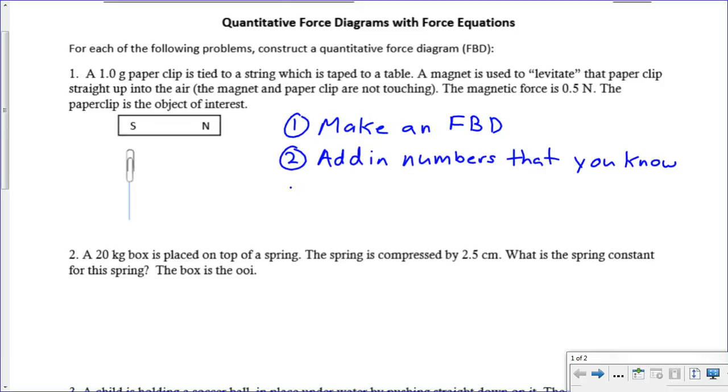And then the last thing you're going to do is use the balanced forces to figure out the things that you don't know. So generally speaking, have this process in mind as we go through, because that's what we're going to be doing the whole time. We'll be doing those 3 steps.